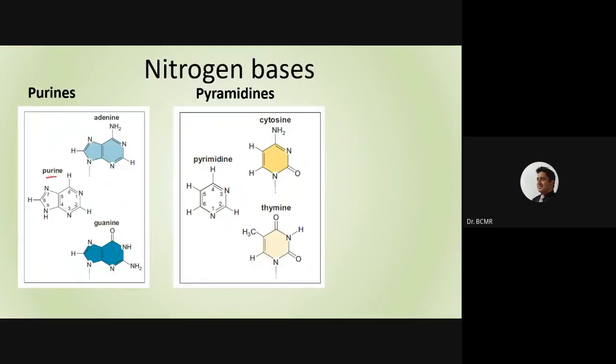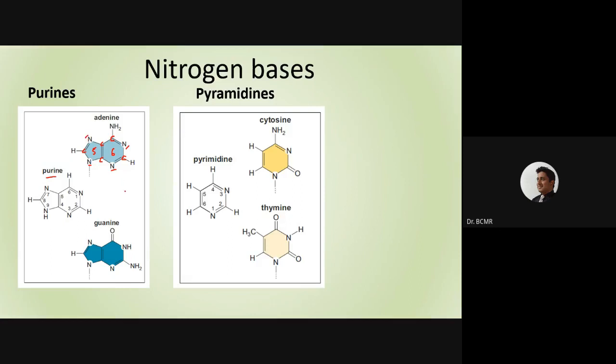So purines have 2 rings. One is a 6-member ring, and the other one is 5, right? Anytime you represent like this, that means it is a C, and here is another C, C, and C, and so on. And if it is represented by N, there is a nitrogen atom in those places.